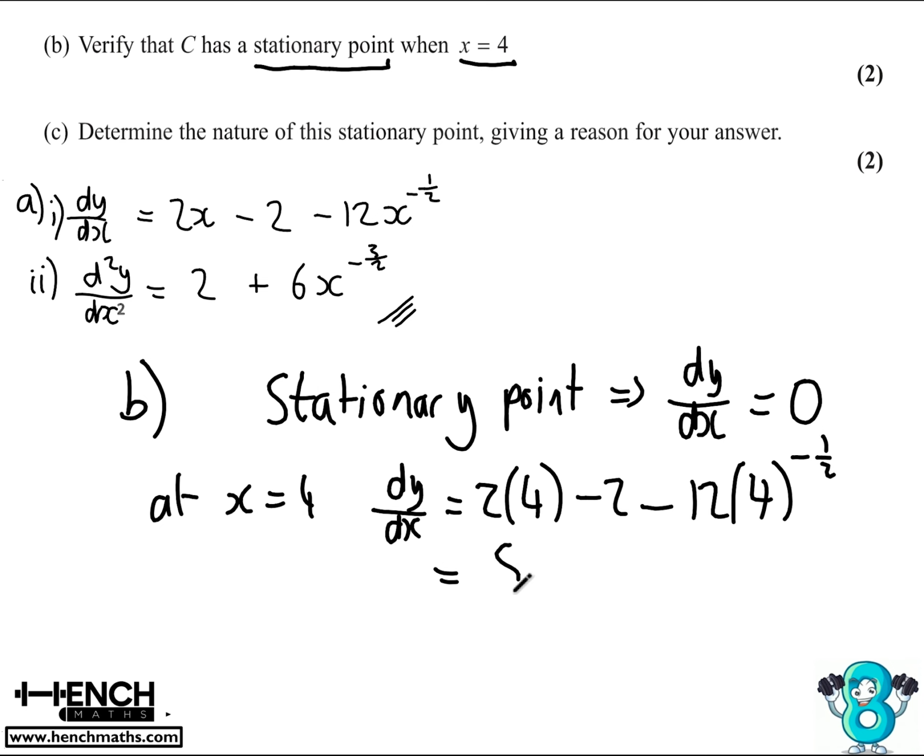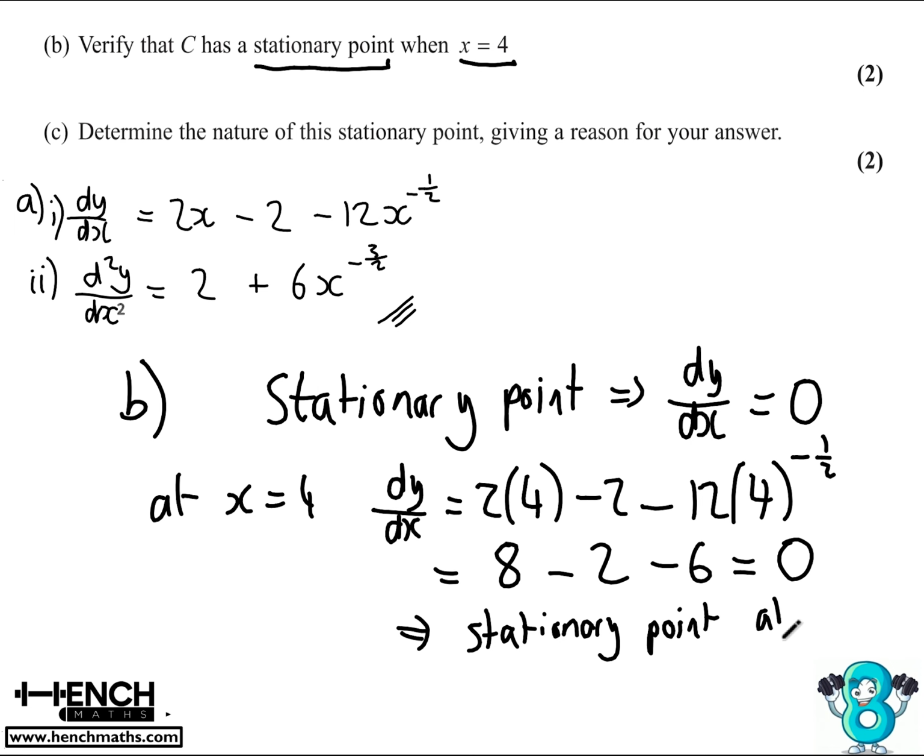So we can use a calculator. 8 minus 2, and 4 to the power of negative a half is 1 over the square root of 4, which is a half, times 12 is 6. We get negative 6, we get 0. So we found dy by dx is 0, so this implies a stationary point at x equals 4.